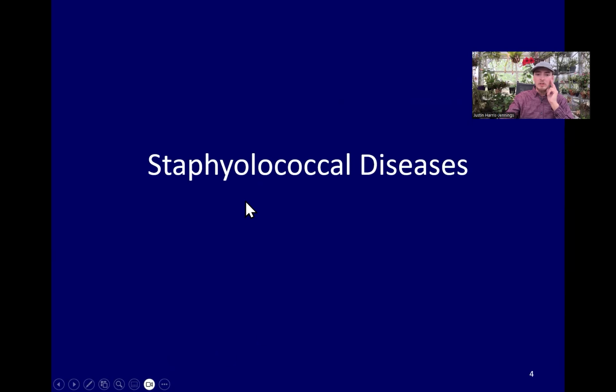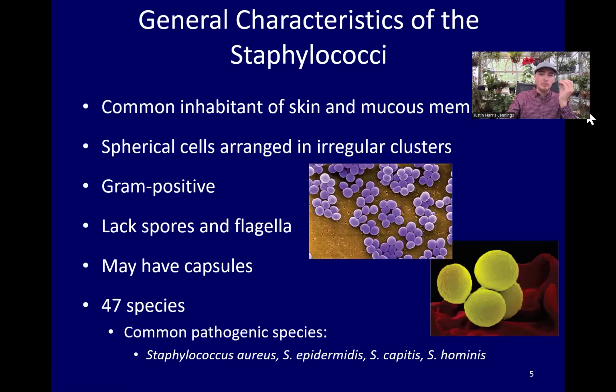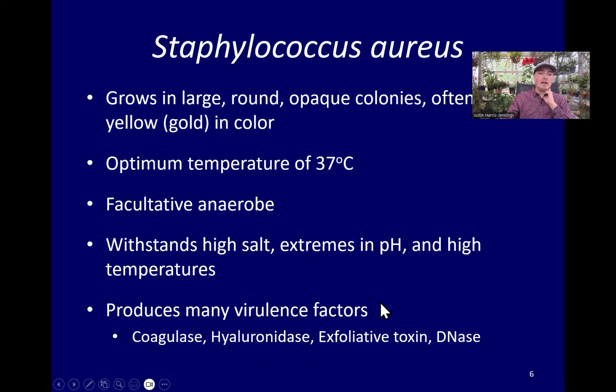So with staphylococcal species, these are, again, those round coccal bacteria that are typically gram-positive, and they're in these grape-like clusters or these staph-like clusters. And there's a couple of different species that are medically relevant. This is like Staph aureus, epidermidis, and saprophyticus, I think.